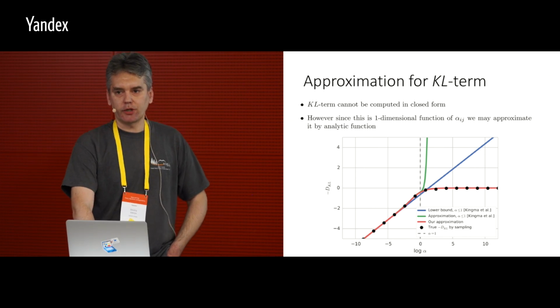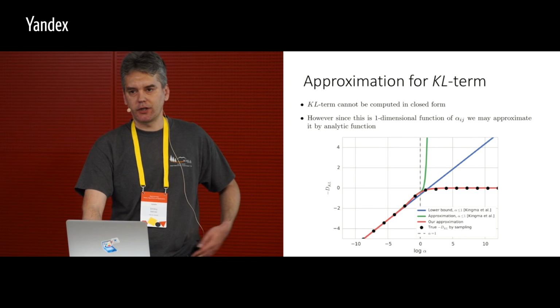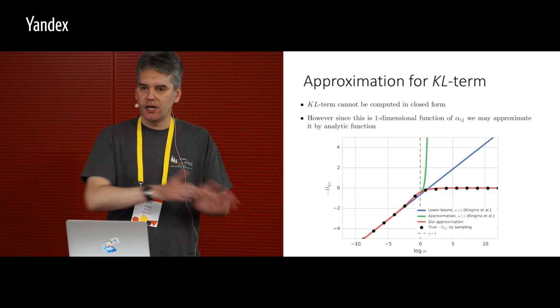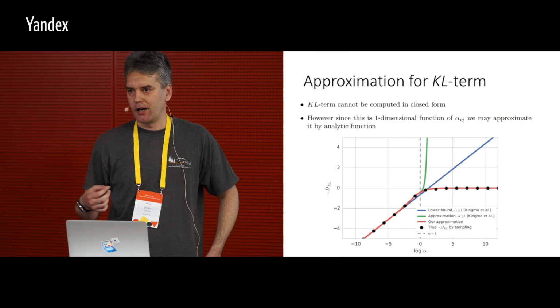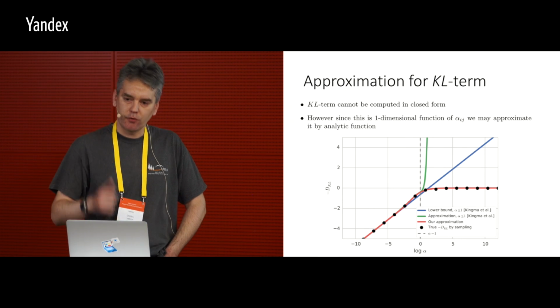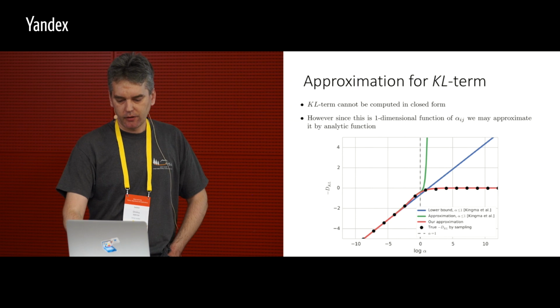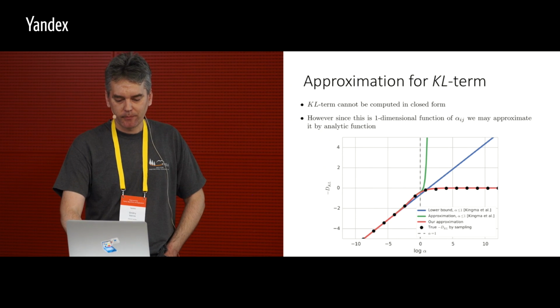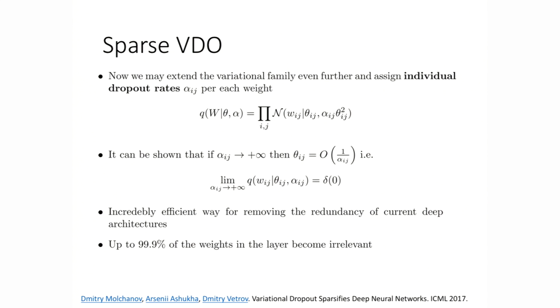So using this analytic approximation, we may more or less efficiently optimize the ELBO with respect to thetas and with respect to alpha. So we may find the hyperparameter alpha, the magnitude of the Gaussian noise we inject during training, in a Bayesian manner automatically. But we can go even further.